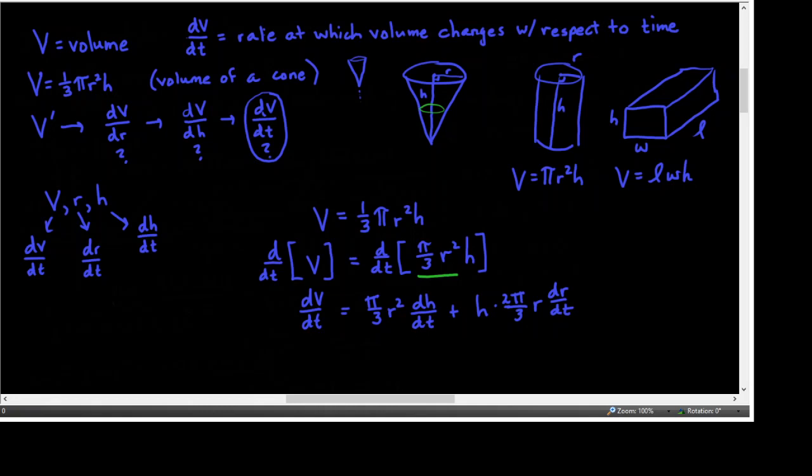Okay? And so this formula, we could factor out the pi over 3 if we wanted to, and I guess I will. dV/dt would depend on what the size of the radius is, the rate at which the height is changing. I'm just listing all the things that I'm writing down as what they mean idea-wise, and what the height is at any particular point in time, what that radius is again, and the rate at which the radius is changing.